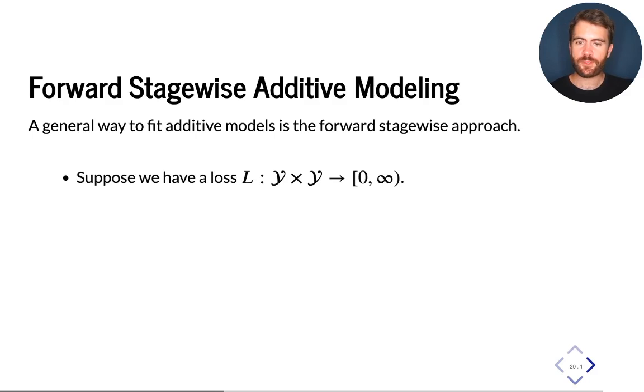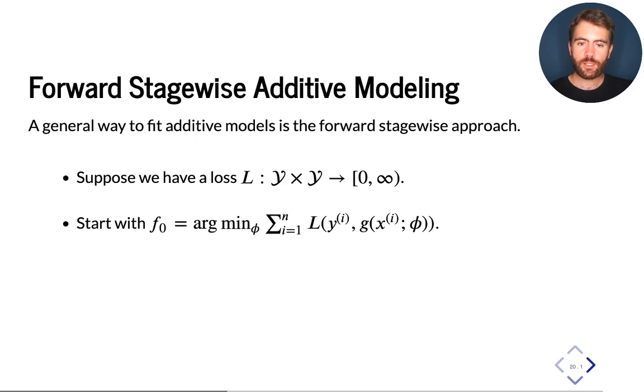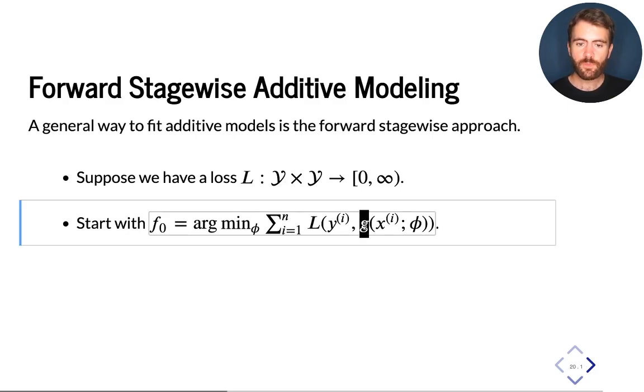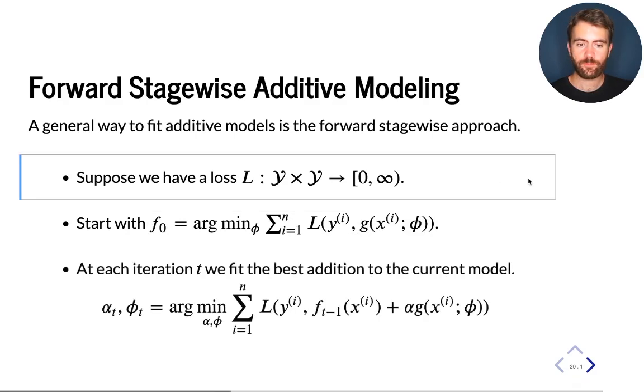So suppose that we have some kind of loss that determines the goodness of our fit. And we initially start with a model that is here. I'm simply taking my base learning algorithm and its model G, and I minimize the loss. So I basically fit one G here to the training data set.